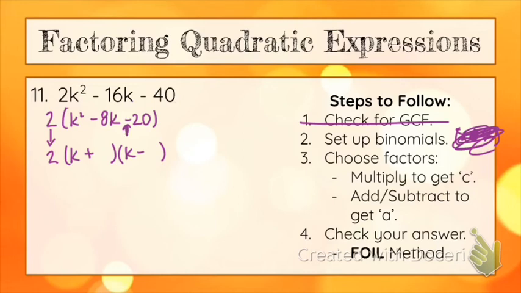So they have to be one of each to be able to get this negative that we need. Then we want to look at factors of 20. And because we have different signs, we want the difference of those factors to be equal to negative 8.